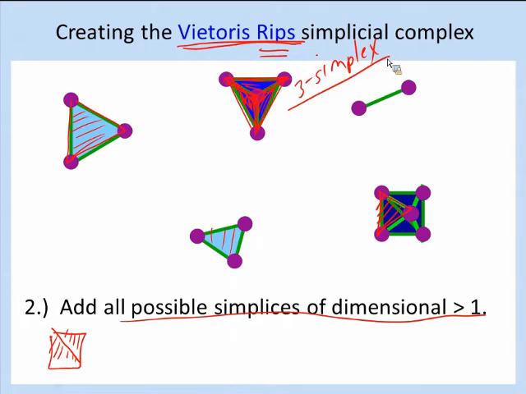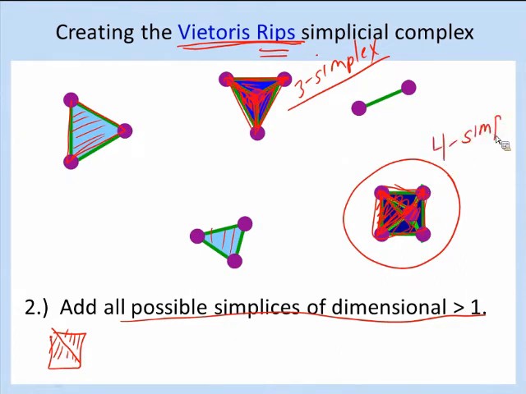And we can continue up in dimension. You don't have to be able to actually draw this. We just say that if I have 5 points that are close to each other, then I have all the edges, I have all the 2-dimensional faces, I have all the 3-dimensional, so I've got a 3-dimensional tetrahedron in here, another 3-dimensional tetrahedron, I've got lots of 3-dimensional tetrahedrons, these ones down here, and I also have the 4-simplex.